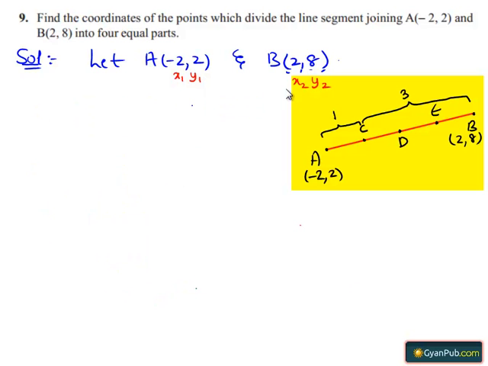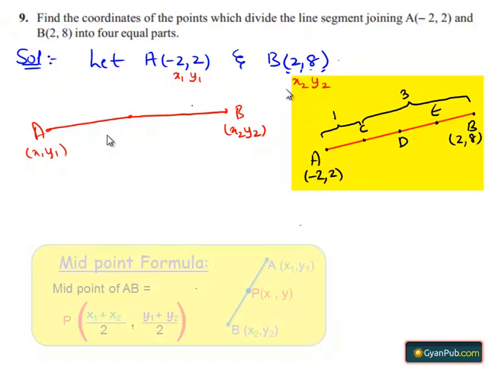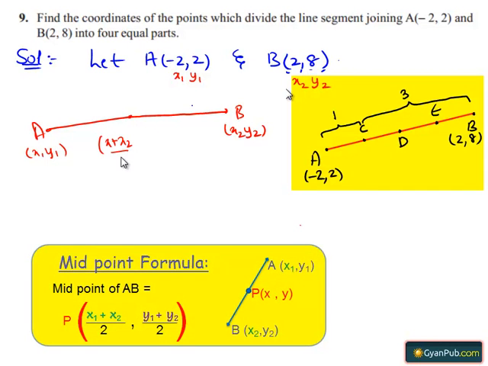The point D divides AB in the ratio 2:2, that is 1:1 internally. That means it will be the midpoint of AB. We know that the midpoint of the line segment joining the 2 points A(x1, y1) and B(x2, y2) is given by (x1 plus x2) whole divided by 2, (y1 plus y2) whole divided by 2.